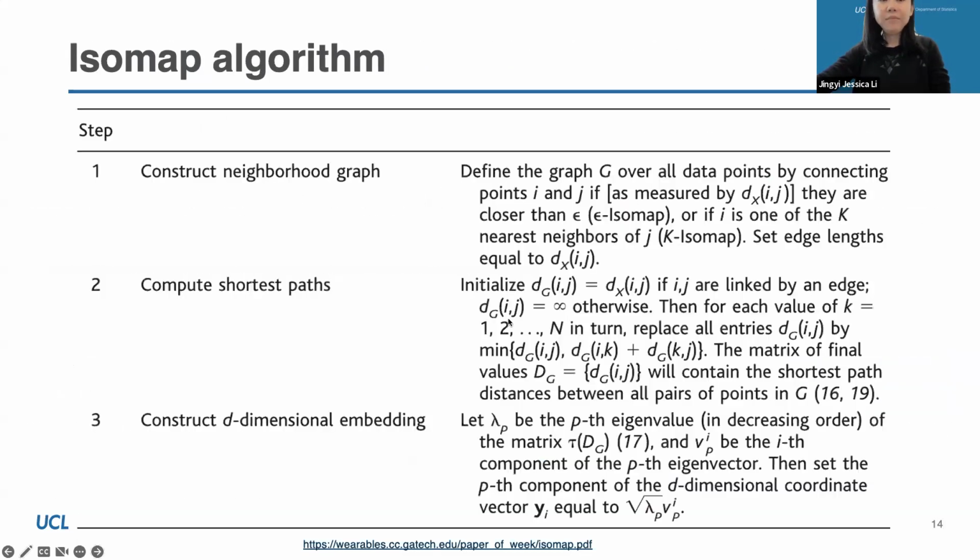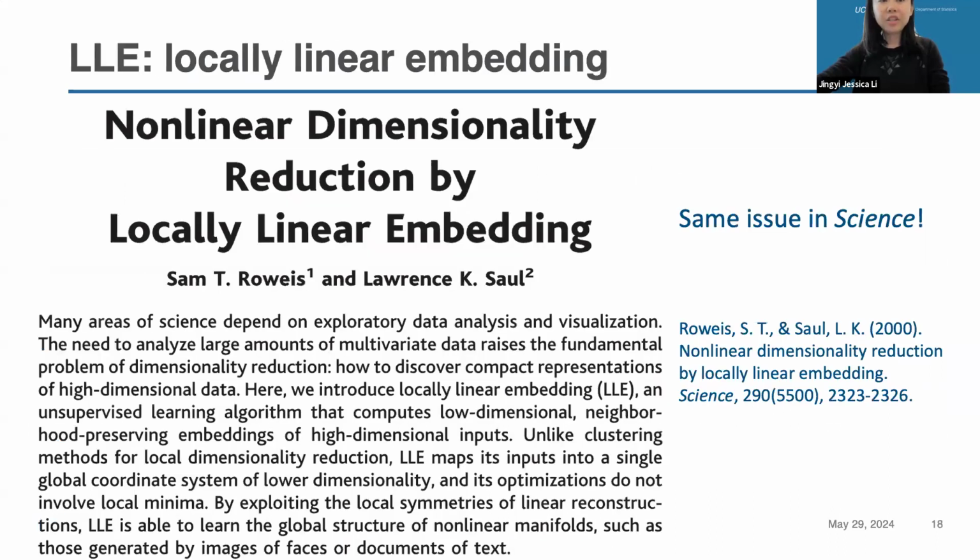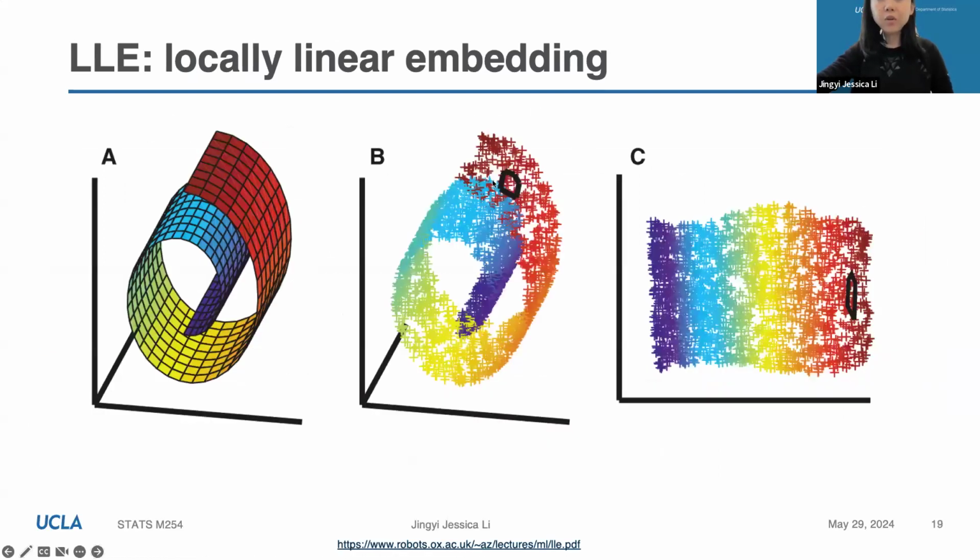And then in the same issue of Science, there is this LLE algorithm, local linear embedding. So this algorithm takes a very different approach. It tries to preserve a local neighborhood in the Euclidean space as a linear relationship.